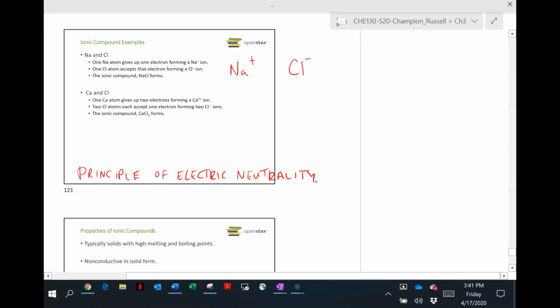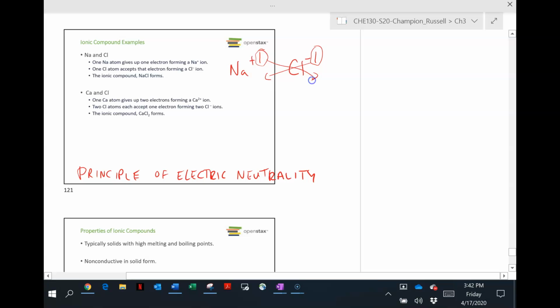Which says that your anions and your cations are going to combine in such a way that the overall charge is going to be 0. They're going to neutralize each other, in essence. One quick way to generally figure this out, or at least get a start on it, is to take the number part of the charge alone and cross it.